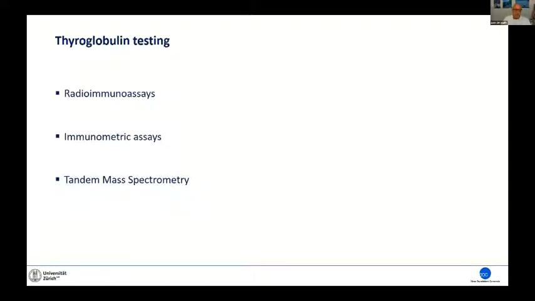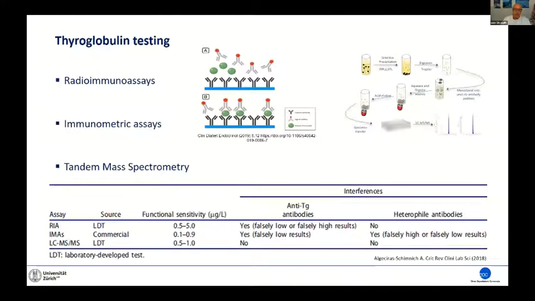They are substantially no longer used and were replaced by immunometric assays. These assays are characterized by the use of two antibodies, one to capture the thyroglobulin molecule and the second one to detect another isotope and trace the presence of thyroglobulin.